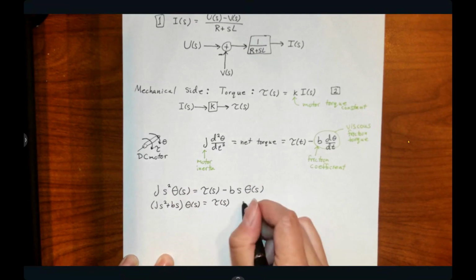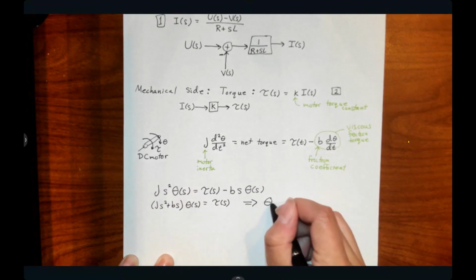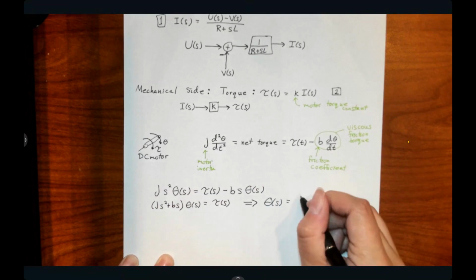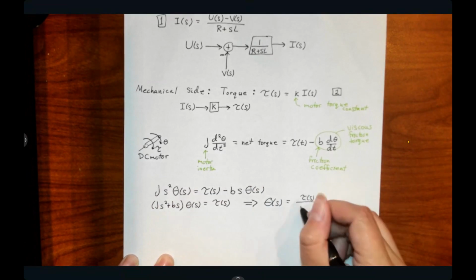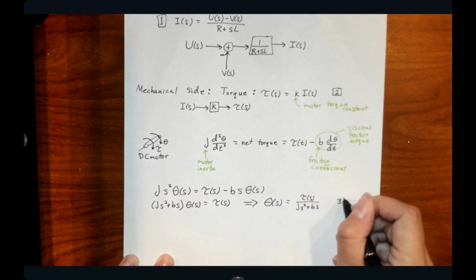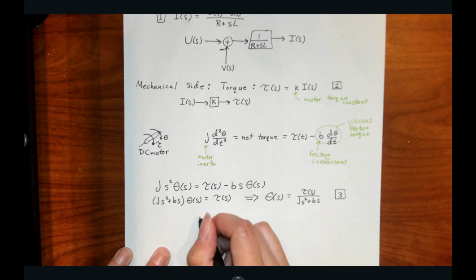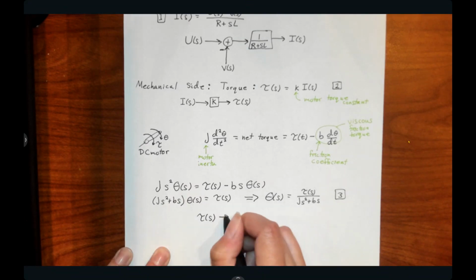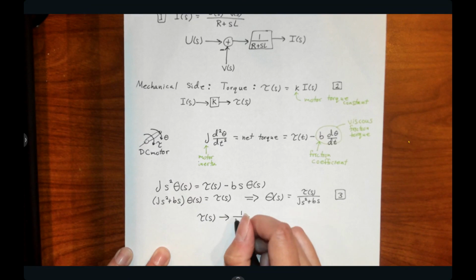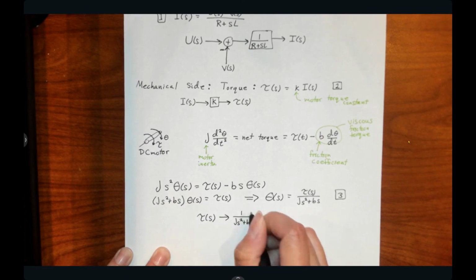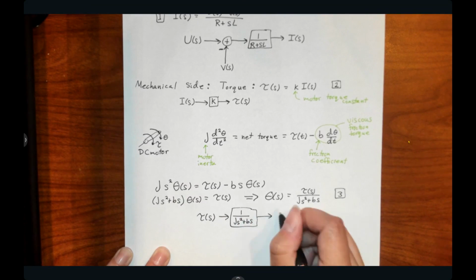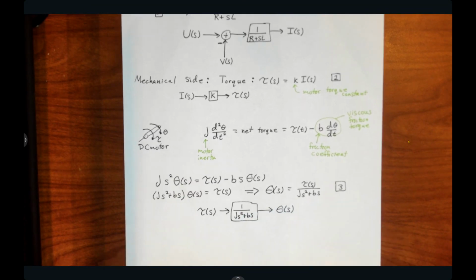And then I can get what is my output theta depending on that input torque tau. Right, so now we have yet another component here. So we have this torque passing through this expression here, this transfer function. So we're turning our torque into a motor position.